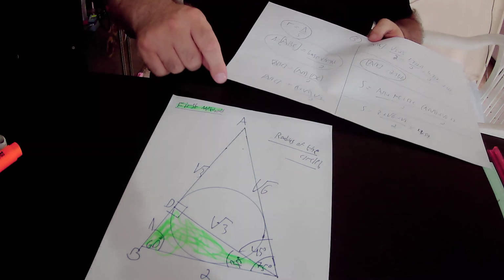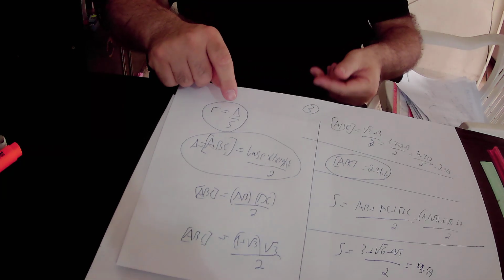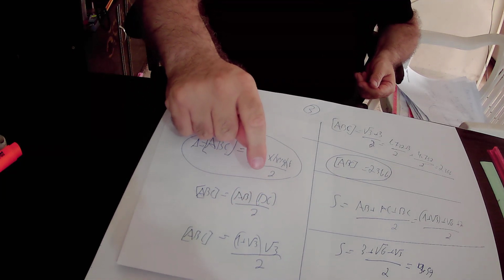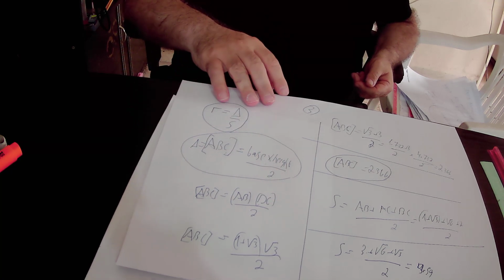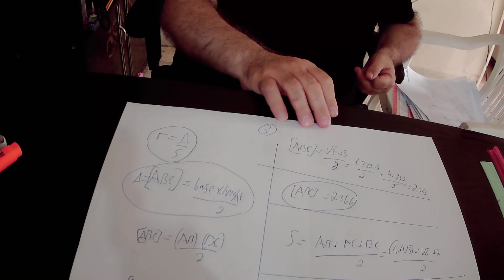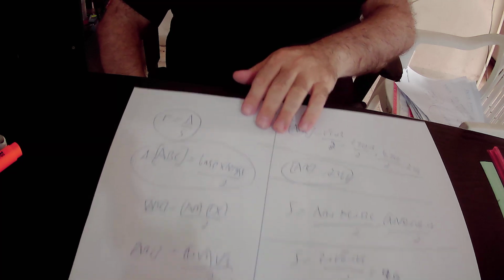We took the base as AB, the height is DC, over 2. AB is 1 plus square root of 3, DC is square root of 3, all divided by 2. We opened the brackets here and found out that the area of triangle ABC equals square root of 3 plus 3 over 2, that is equal to 2.366.